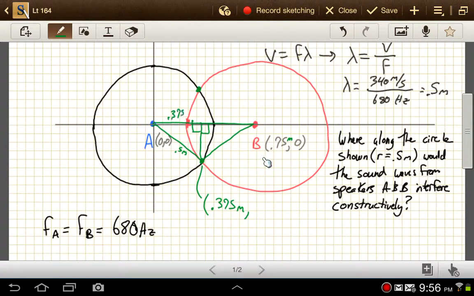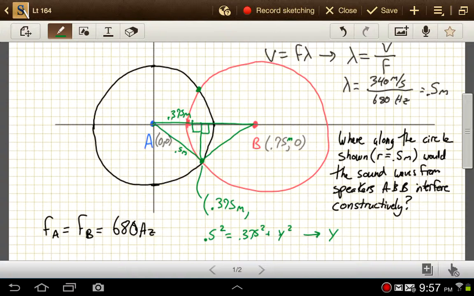0.375 meters. So to get the y-coordinate, we can just do the Pythagorean theorem. So let's say 0.5 squared is equal to 0.375 squared plus y squared. And with that, we'll get a y value of, let's see, 0.5 squared minus 0.375 squared, and I'll take the square root of that answer.